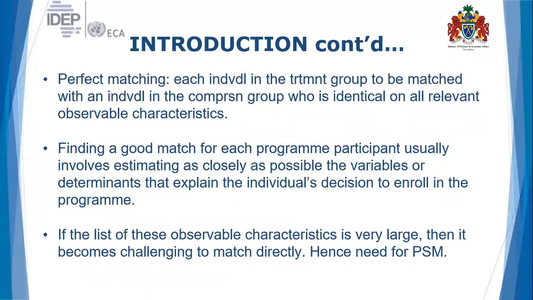Under perfect matching, each individual in the treatment group is matched with an individual in the comparison group who is identical on all relevant observable characteristics. Finding a good match for each program participant involves estimating as closely as possible the variables or determinants that explain individuals' decision to enroll in the program.